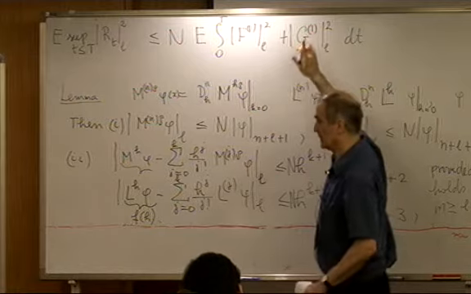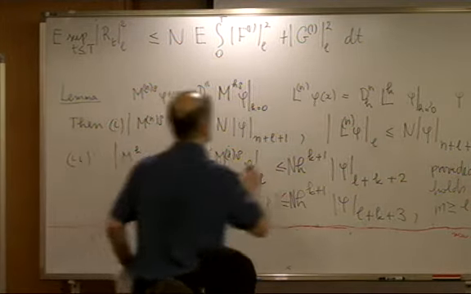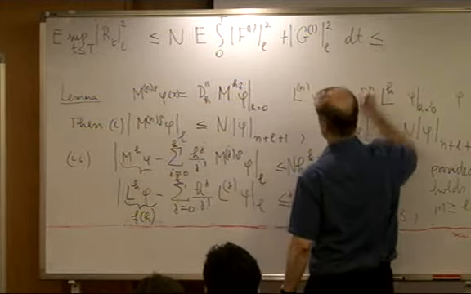Here there are the indices rho, but we sum them up. So that means this is less than or equal.